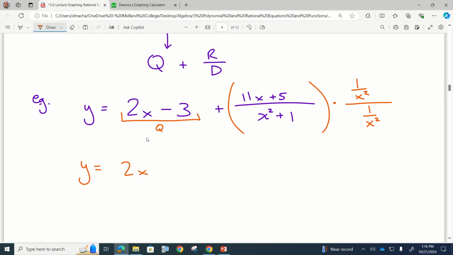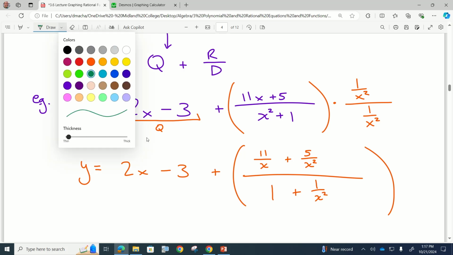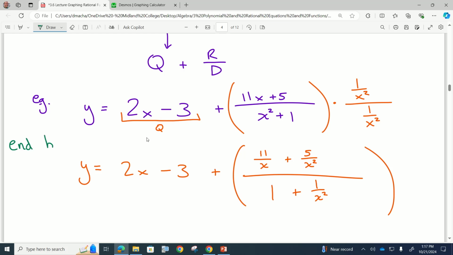Well, the 2x minus 3 gets to hang out by itself for a little while. And then now, this part is going to become 11 divided by x, and 5 divided by x squared, divided by x squared divided by x squared, which is just 1, plus 1 over x squared. And what we were asking is, what about my end behavior?